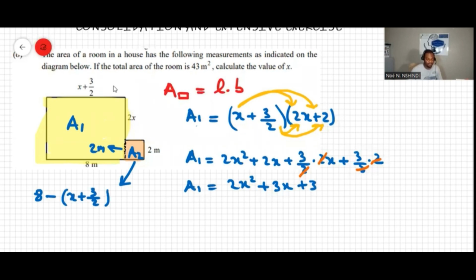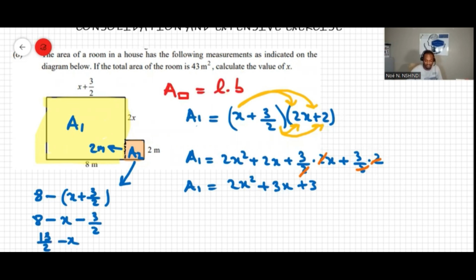Or we can simplify that: 8 minus x minus 3 over 2, and that will make 13 over 2 minus x.